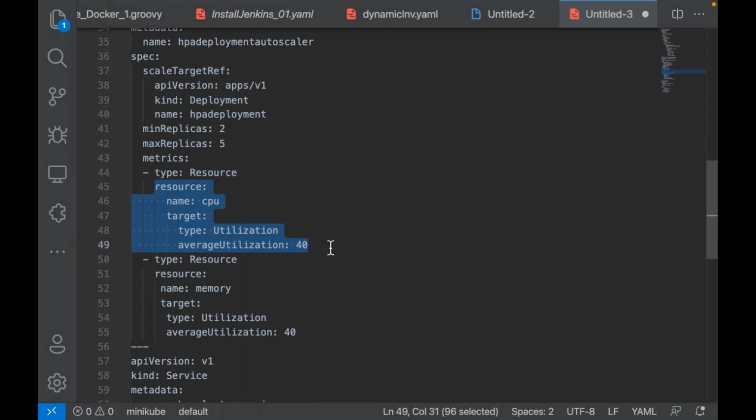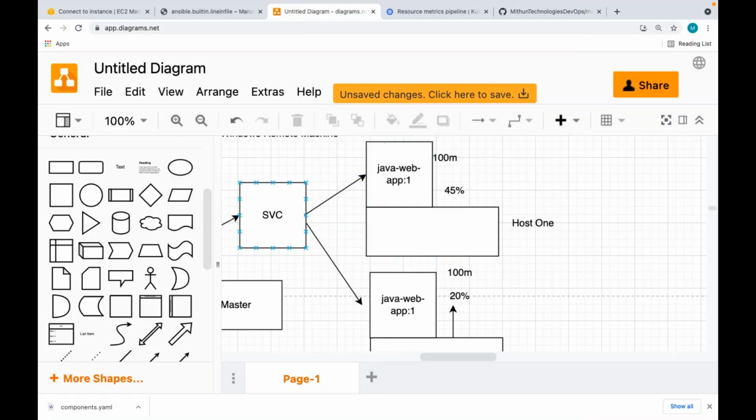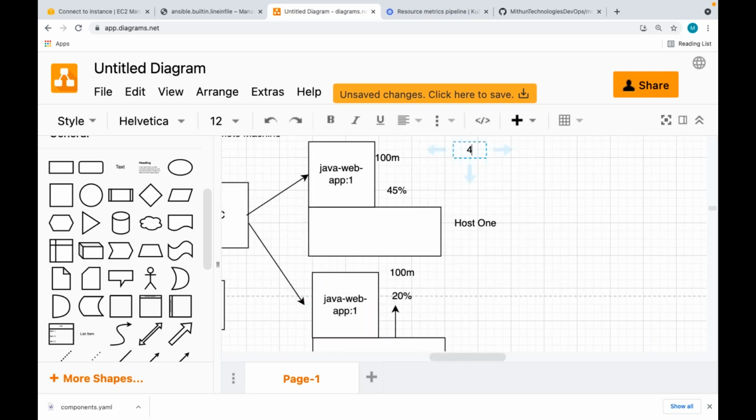No. It is the average of your current replicas. It is going to calculate the average of your current replicas. So currently, how many replicas do we have? Let's say 2. So the average is basically 45 plus 20 by 2. What will be the average? 65 by 2, which will become 32 point something.